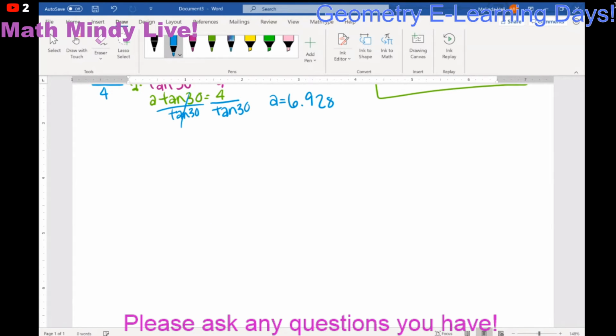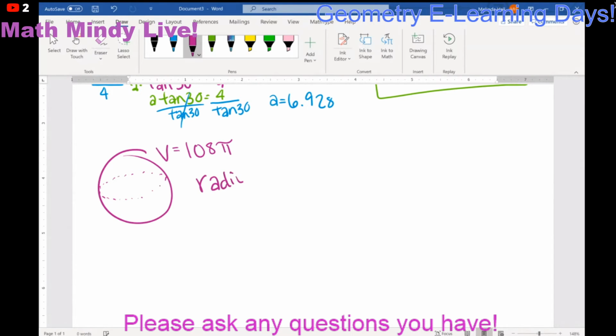So let's say we had a sphere, and we knew that the volume of this sphere, and mind you, this may not work out very nicely, is 108 pi.